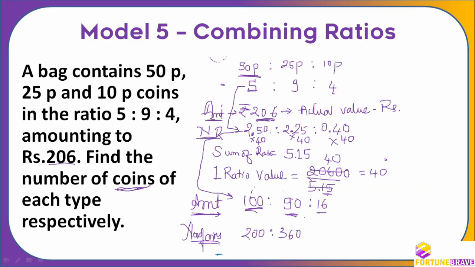Are you getting my point? And then this 40. This is how much? Sorry, 10 paisa. If you want to make 16 rupees, how much is required? 10 are required for 1 rupee, and therefore 160 are required for 16 rupees.